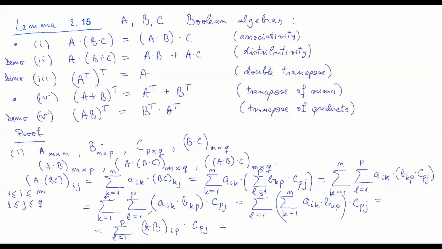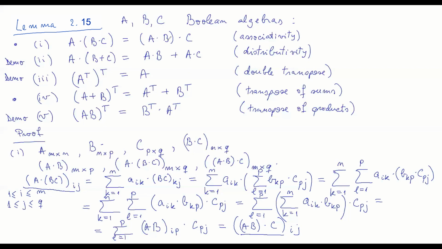And so by definition, what we have here is that this is really the element of this matrix on position ij. And so that's exactly what we wanted to prove. We just got that A times BC is equal to AB times C. And that's exactly what the first point of our lemma was claiming. So that concludes the proof of the first property defined in this lemma.